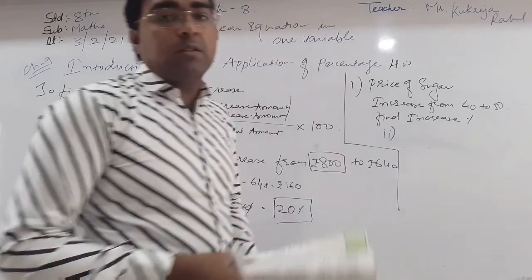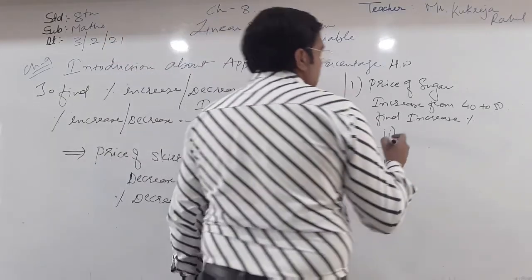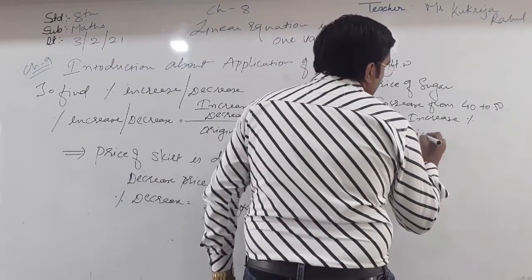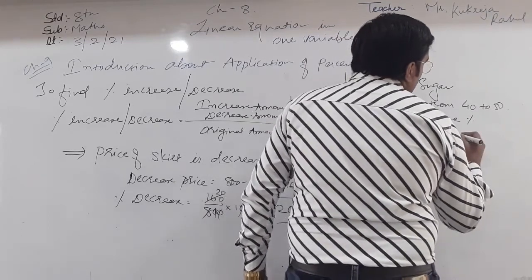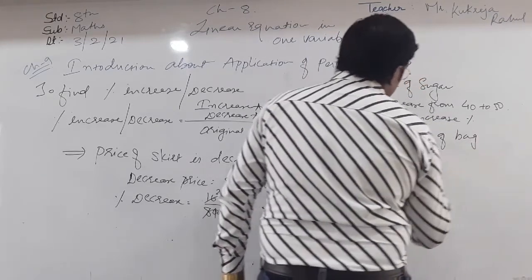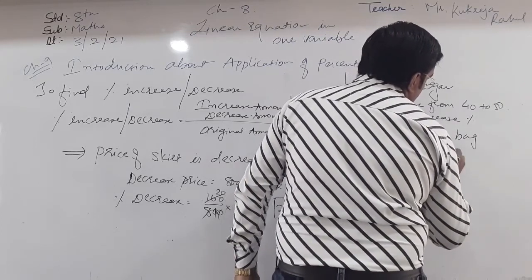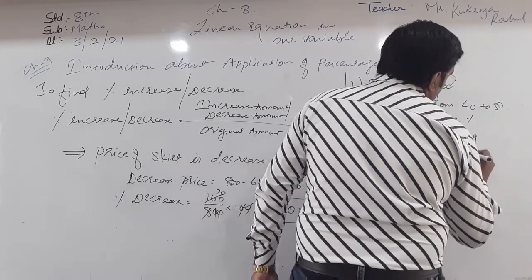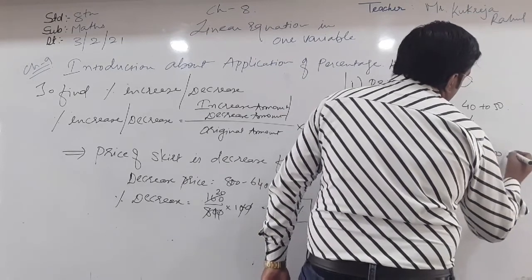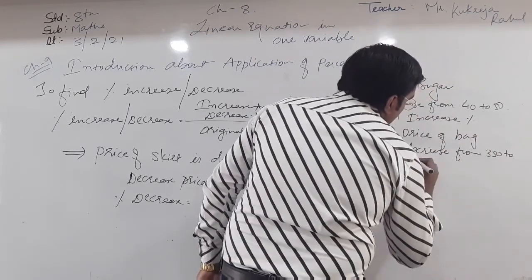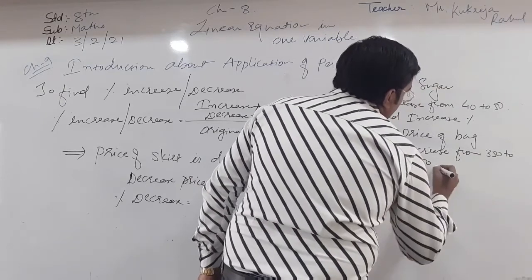Second sum: price of bread decreased from 350 to 250.